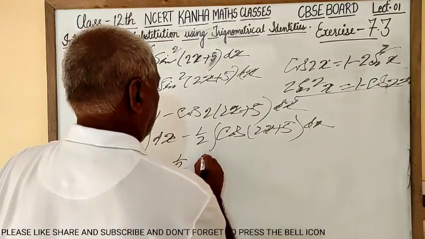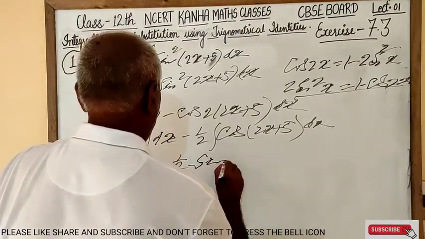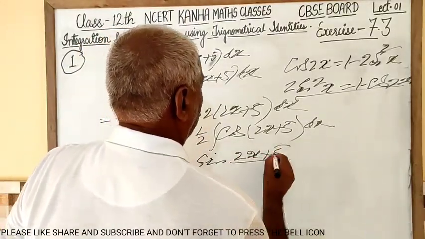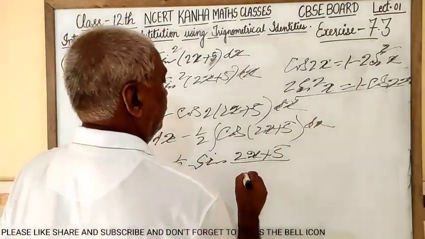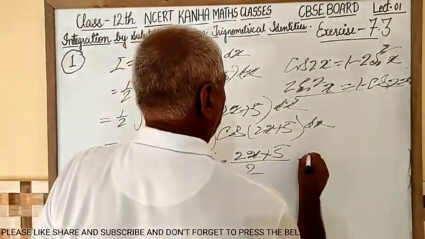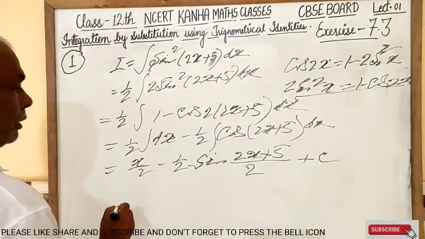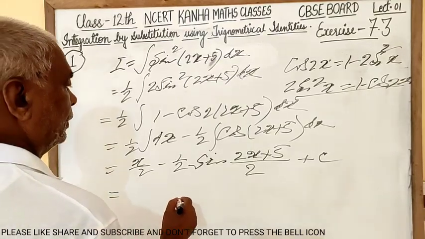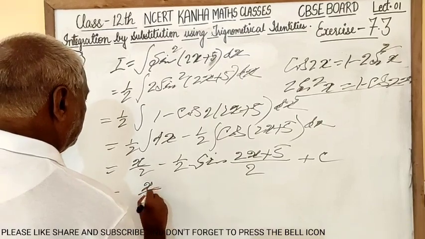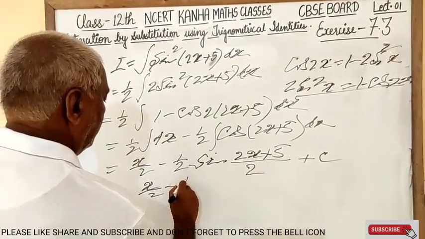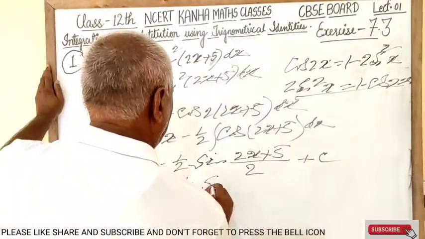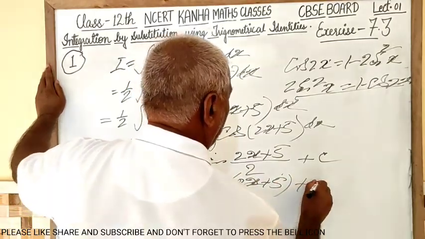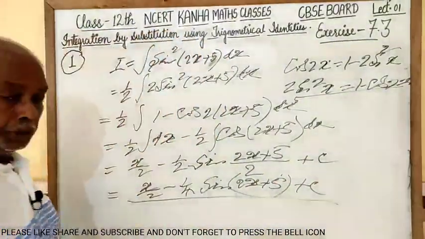So this will become sin 2x plus 5 divided by derivative of 2x plus 5, which is 2, plus c, and this is equal to x by 2 minus 1 by 4 sin 2x plus 5 plus c. Well, this is all about the.